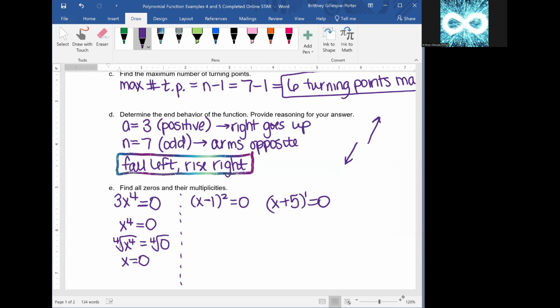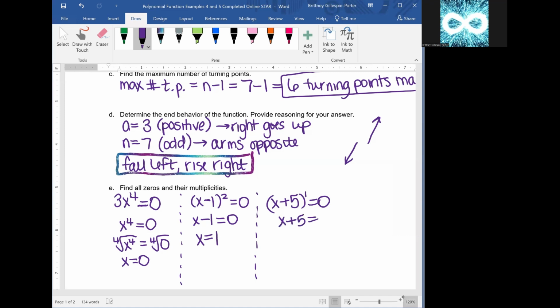If we have (x minus 1) squared equal to 0, we could use the square root, but that really just means that x minus 1 is equal to 0 because the square root of 0 is 0. And we find out that x is equal to 1. And then we have (x plus 5) to the first equal to 0.